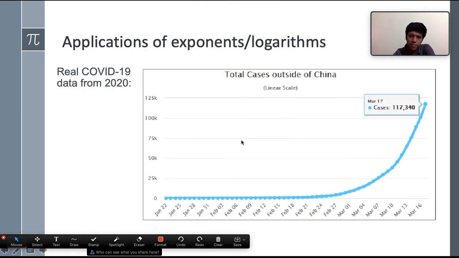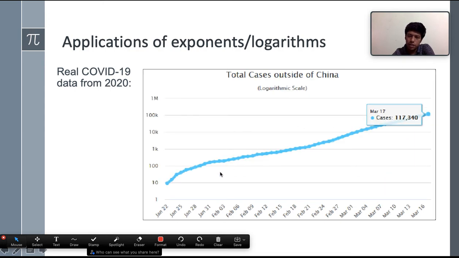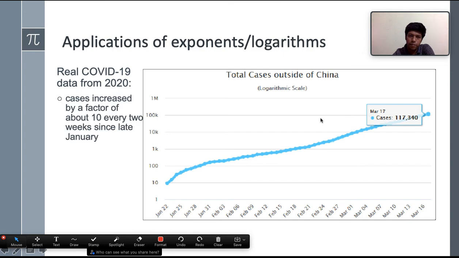This is the data taken from the real world, about COVID, how it increased. And in terms of logarithmic scale, this is the graph. And some points. This graph is not exactly, by the way, exact logarithmic, because this is real world data.